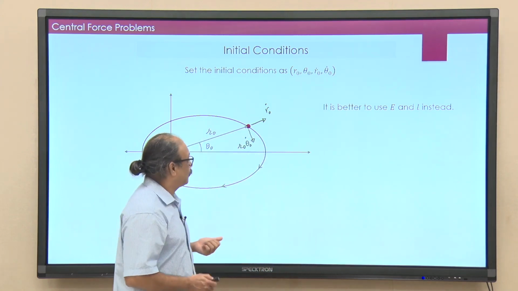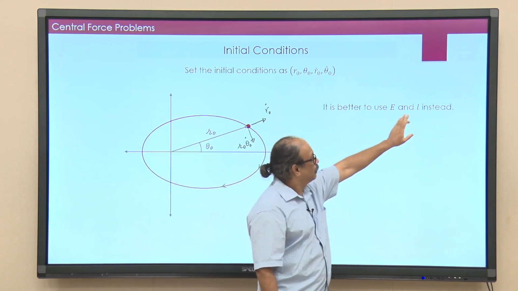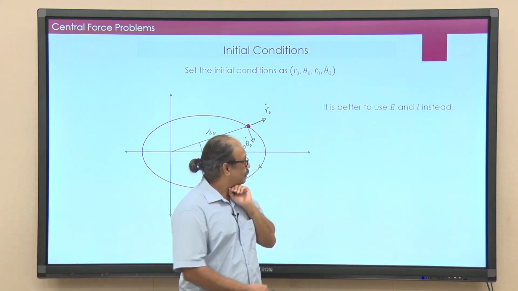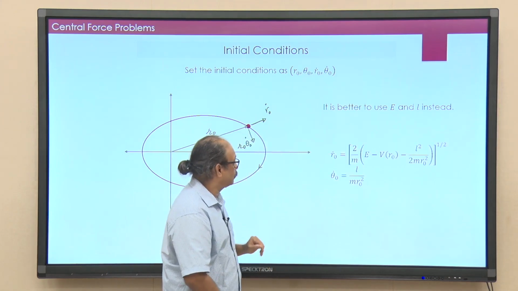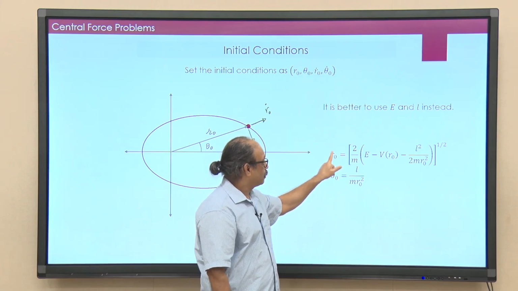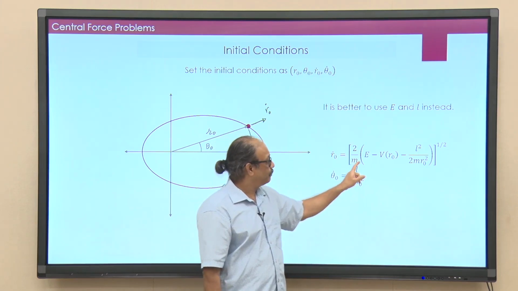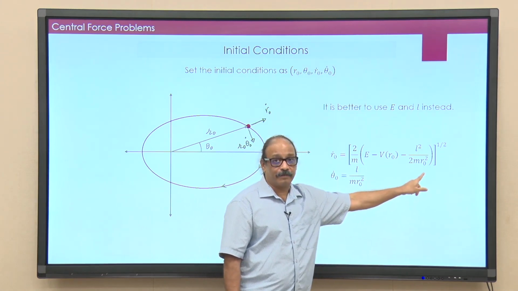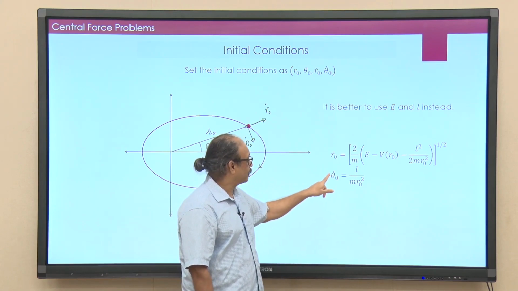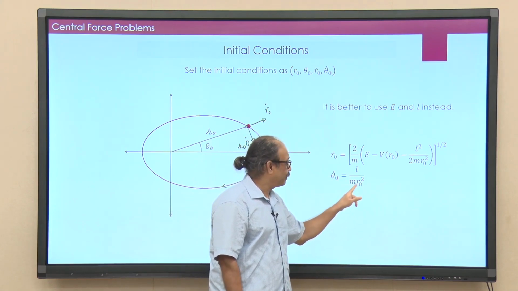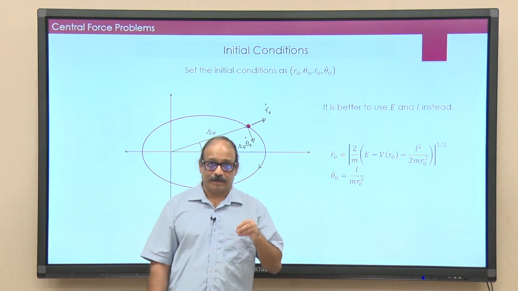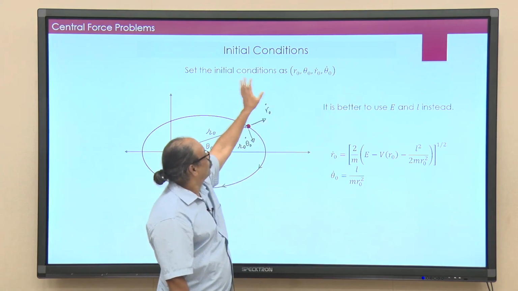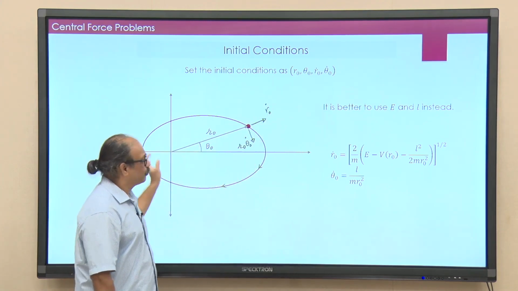Yes, because if I give you E and L, can I find out r naught dot and theta naught dot? Yes, that we can immediately find out, because I know r naught dot will be equal to the square root of 2 by m times E minus V effective, but calculated at r naught, remember. And I also know theta dot, because it is L divided by m r square always, but I want it at one point, and once I know these two values, the 4 constants are there, the orbit is fixed, the motion is fixed.